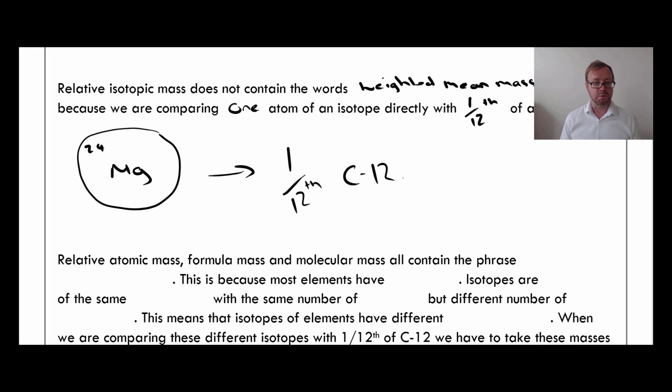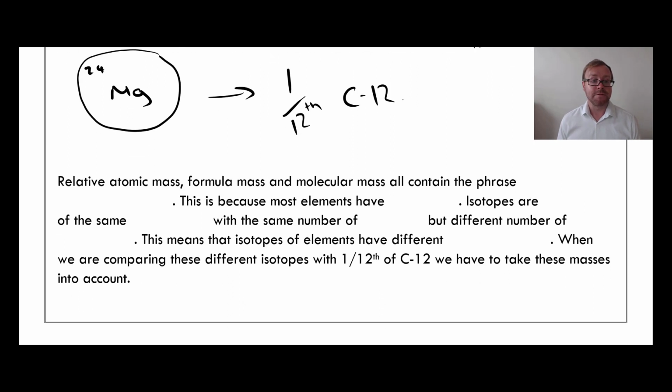of carbon 12. Okay, so relative atomic mass, formula mass, and molecular mass all contain the phrase weighted mean mass. And this is because most elements have isotopes.